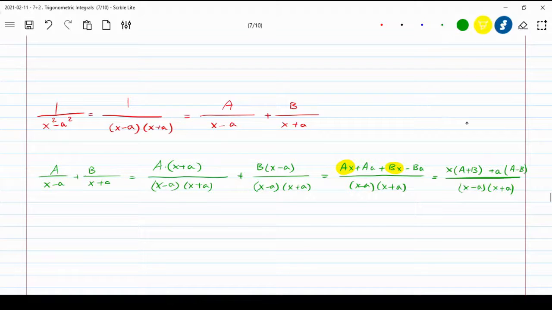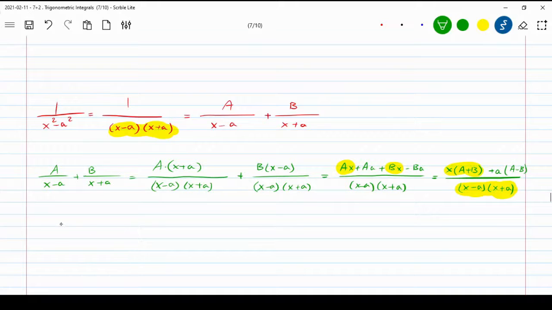Okay, let's compare. The denominator is the same as this denominator. The numerators must match. There is a term containing x here, and there is no term containing x there. That means the coefficient of this x must be 0, because there it means I had 0x.